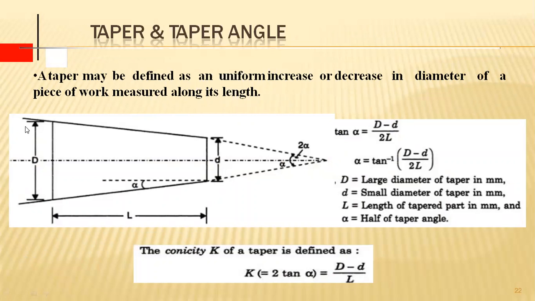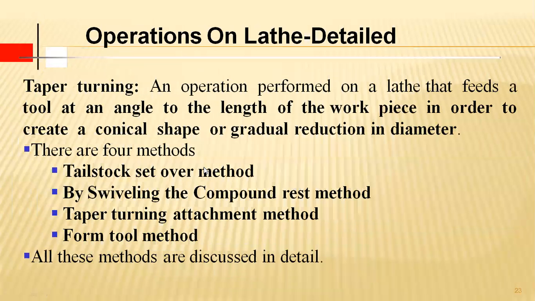The basic diameter exists, and the diameter to be achieved is reached with an inclined strategy, with a high surface finish. There are four different methods: tailstock set over method, swiveling the compound rest method, taper turning attachment method, and form tool method. All these methods we'll be discussing in detail.